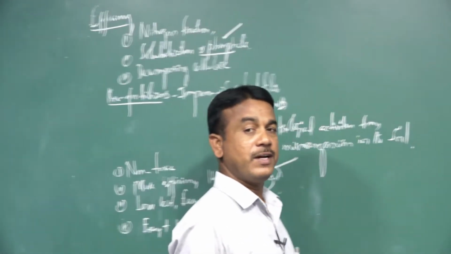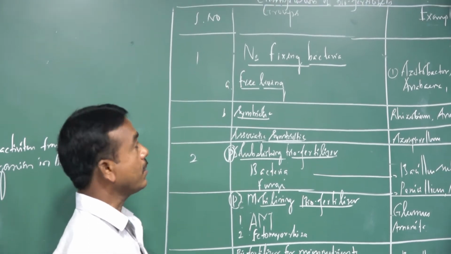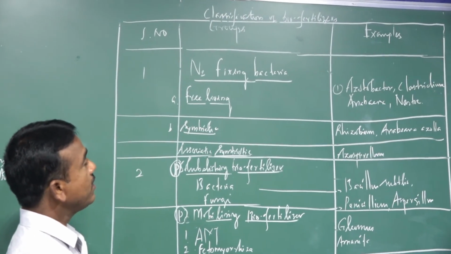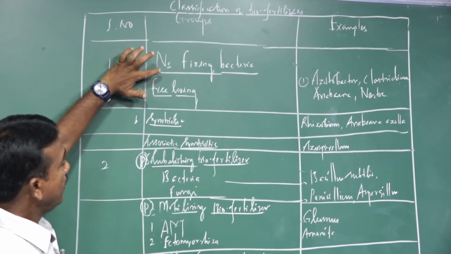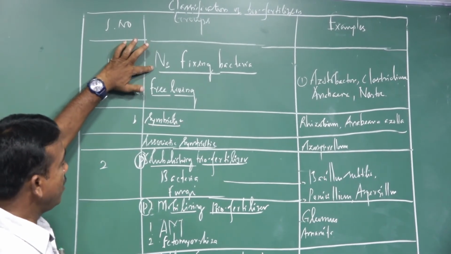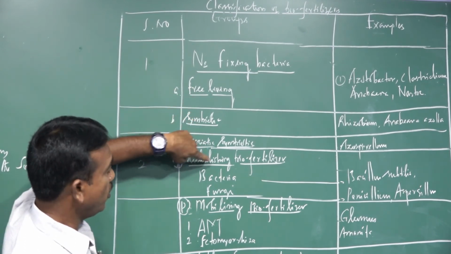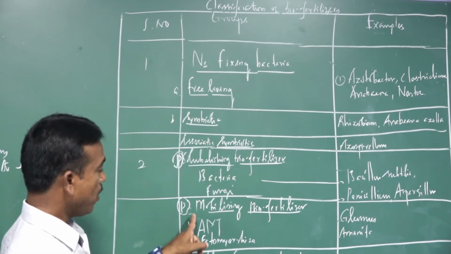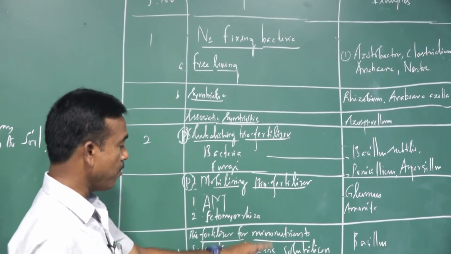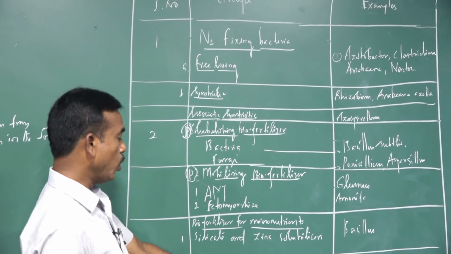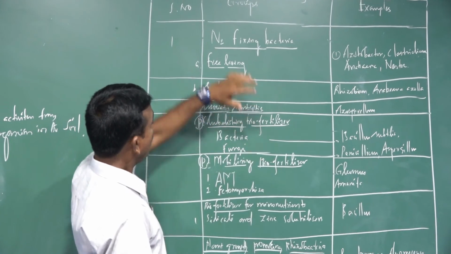Next is the classification of biofertilizers. Biofertilizers can be classified in various ways, namely nitrogen fixing bacteria, phosphate solubilizing biofertilizer, phosphate mobilizing biofertilizer, biofertilizer for micronutrients, and plant growth promoting rhizobacteria. Let me classify each one.